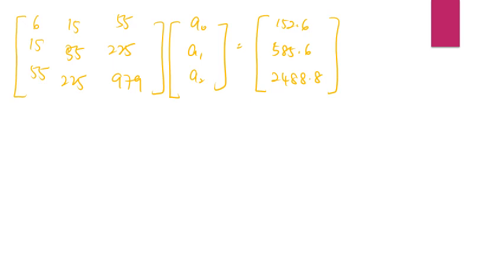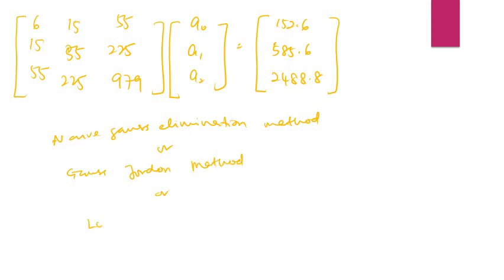So at this stage, in order to calculate the values of A0, A1, and A2, use the same method as multiple regression. You need to go back to topic 2. So you need to use either the naive Gauss elimination method, or the Gauss-Jordan method, or LU decomposition. So it is up to you to get the values of A0, A1, and A2.